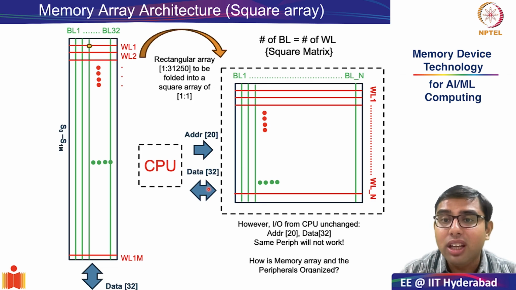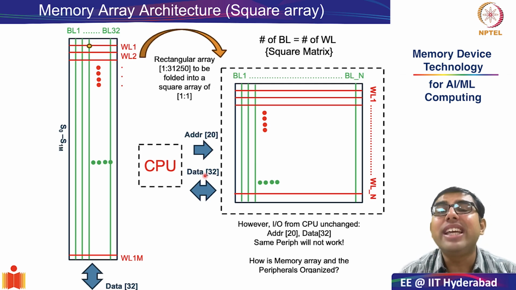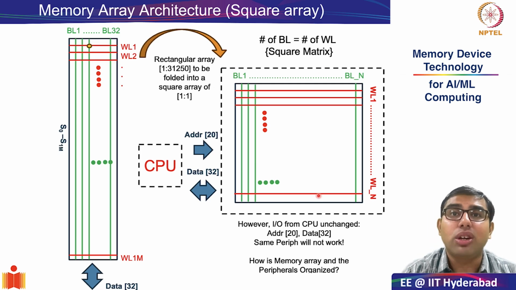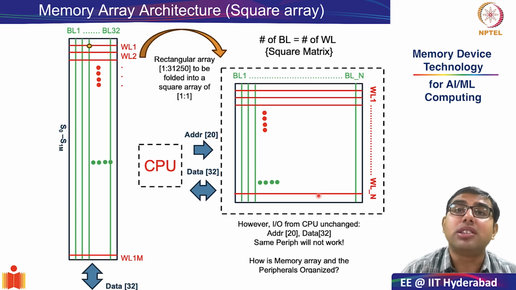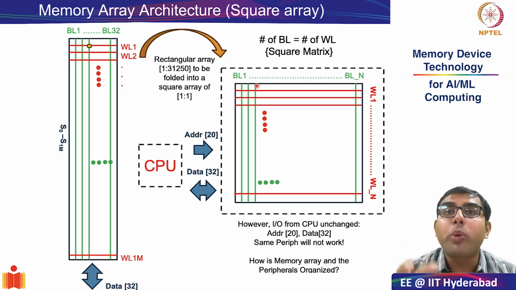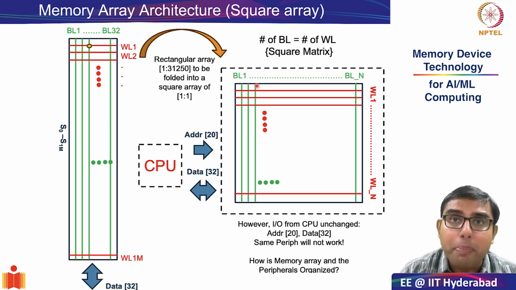As you can easily see, in the previous rectangular array this was easily facilitated by a simple row decoder or address decoder. In the current squarish architecture, the same peripheral architecture will not work. So in the next class, we will see how memory arrays and the peripherals are organized to have a more squarish representation in the memory array.